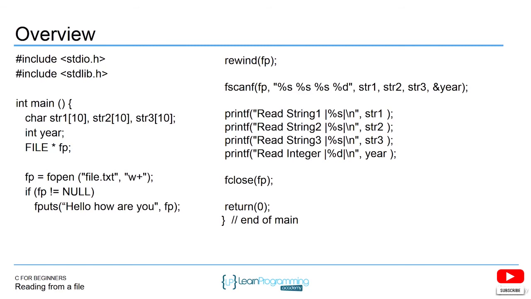The fscanf is going to read in formatted data. And so what it's going to do is read in 3 strings separated by spaces. And so you see the %s space, %s space, %s space, %d. Then we're saying where we're going to read them into: our 3 character arrays and then our year. And we have to specify the address operator for our year. But the data is formatted a specific way when it's written.